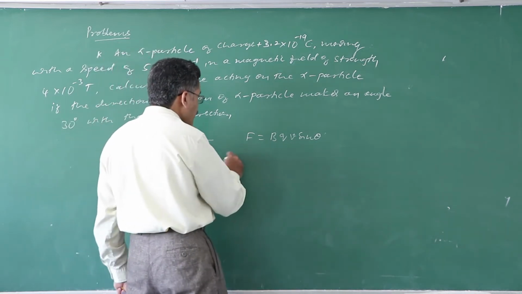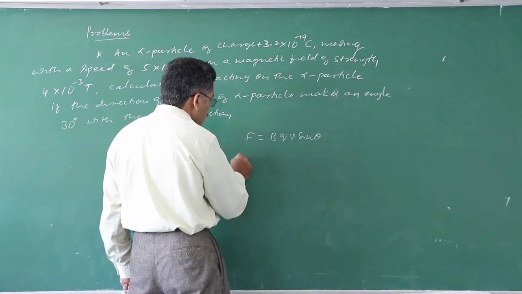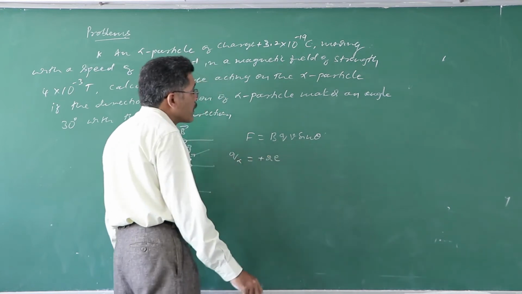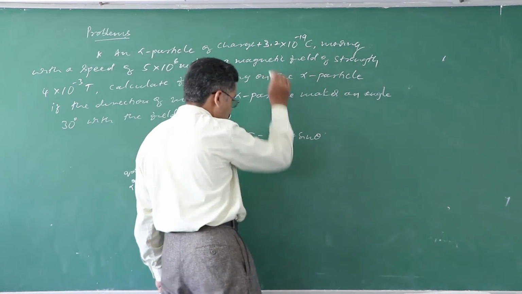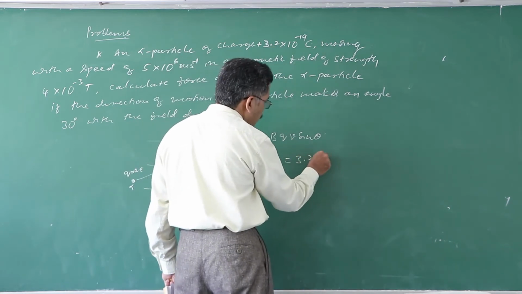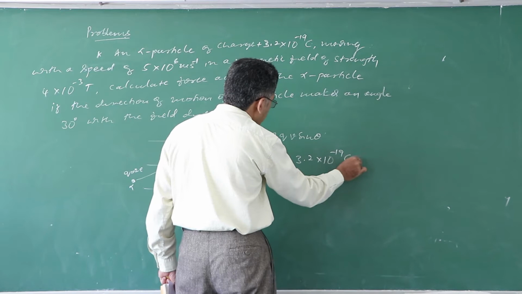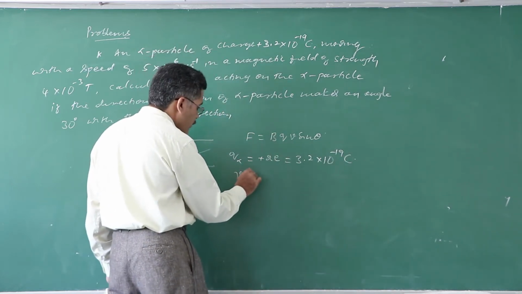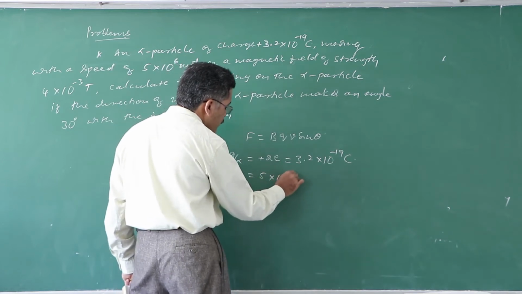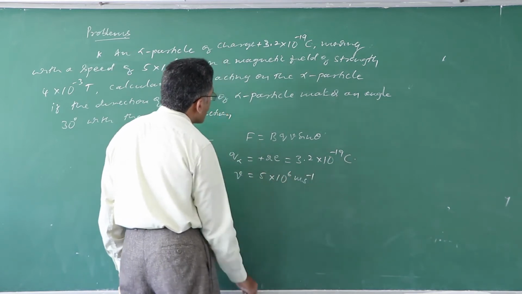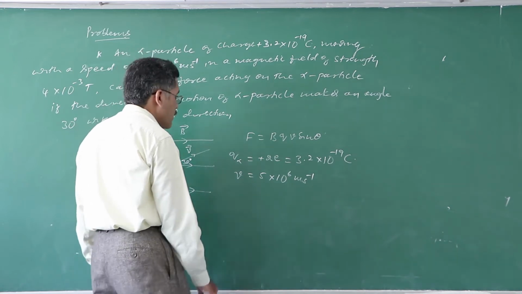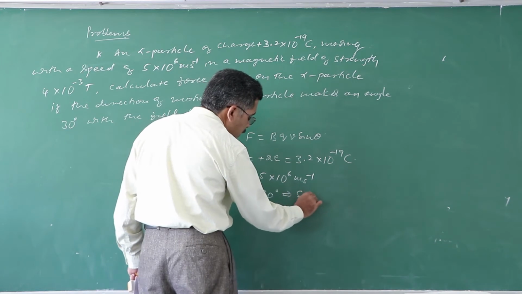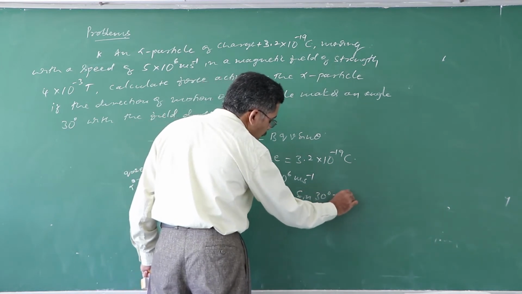Now let us substitute. The charge on the alpha particle is 2E, remember this, and that is equal to, they have already given, 3.2 into 10 raised to minus 19 coulomb, and it is moving with a speed of 5 into 10 raised to 6 meter per second. Theta is 30 degree, which implies sin 30 is equal to half, 1 by 2.